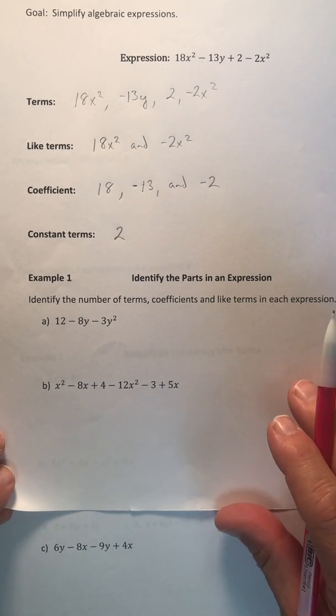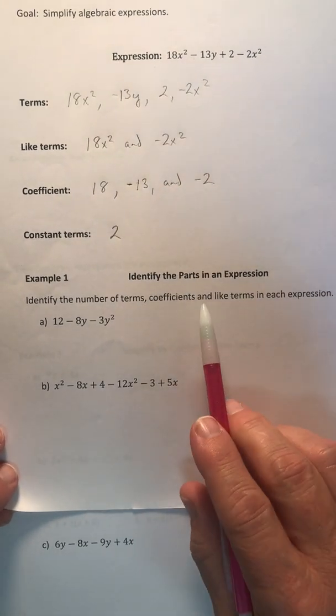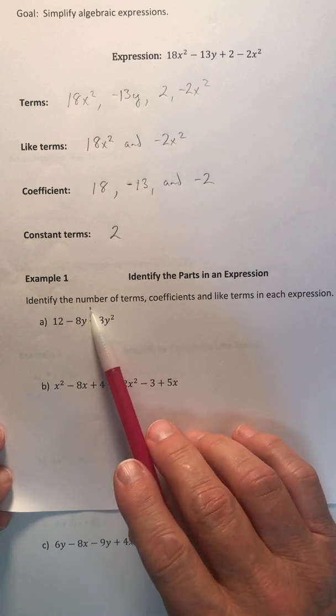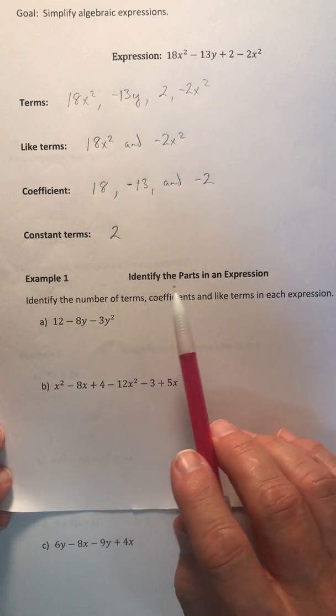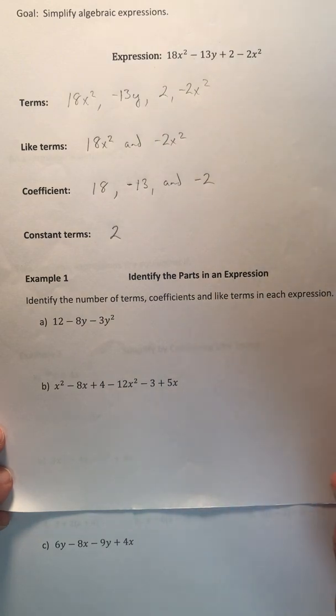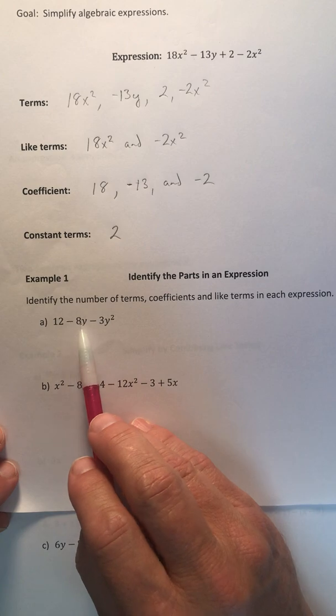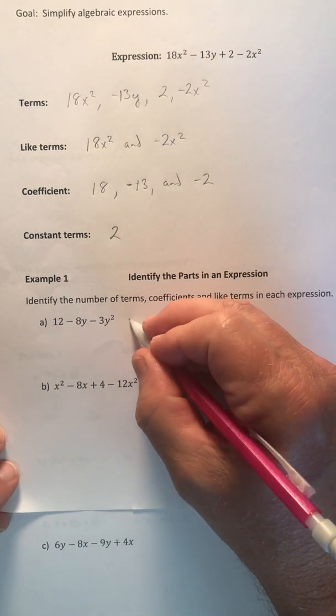All right. Next part, we're going to identify the parts of the expression. This is example 1, so we're going to identify the number of terms, the coefficients, and the like terms. Okay? So the first thing is number of terms. We have 1, 2, 3. So there are 3 terms.